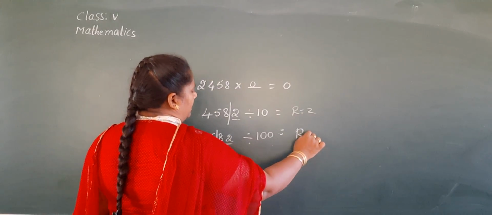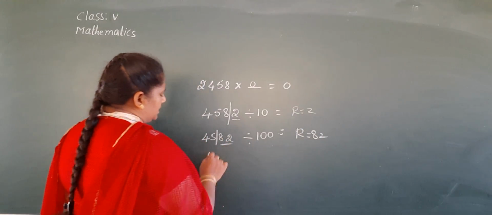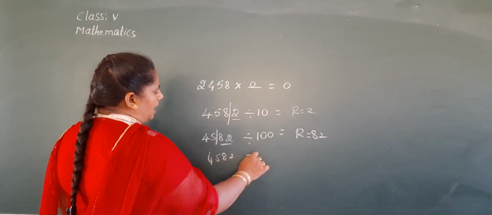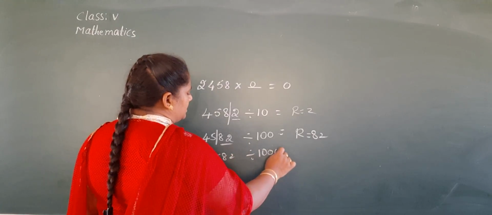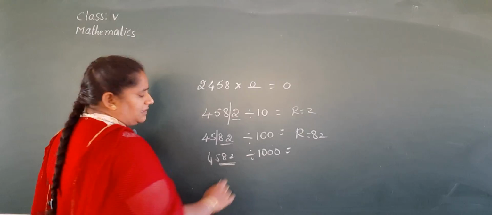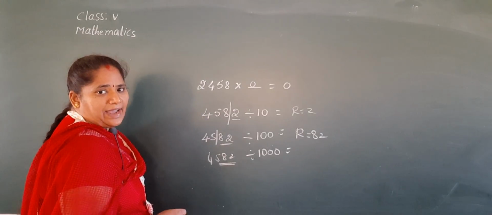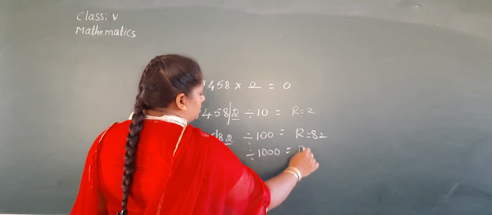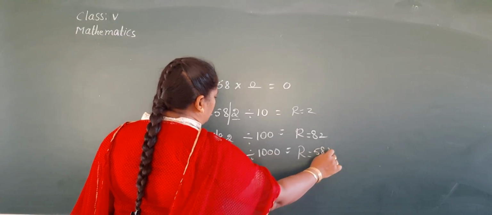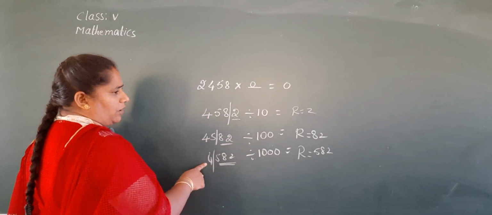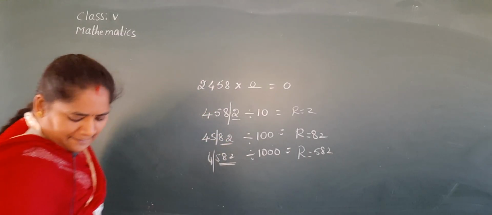So here the remainder is 82. If the same number is divisible by 1000, the last three digits become the remainder. So what are the last three digits? As 582. So the remainder is 582 and the quotient is 4. Left side is the quotient Nana.